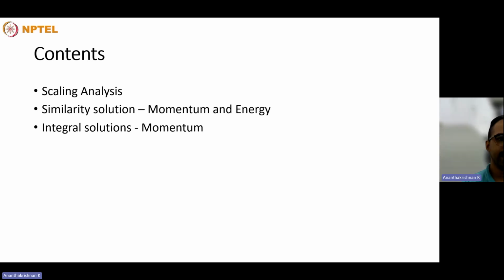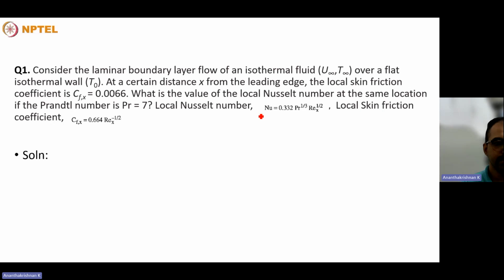It comprises scaling analysis of momentum and energy equations, similarity solution, and integral solution for the momentum analysis. So we can move to the questions.